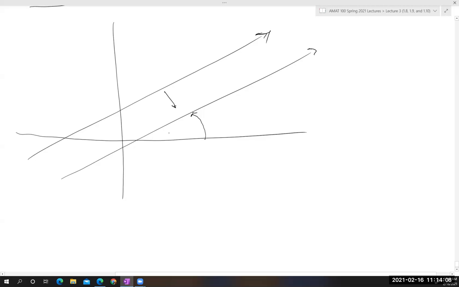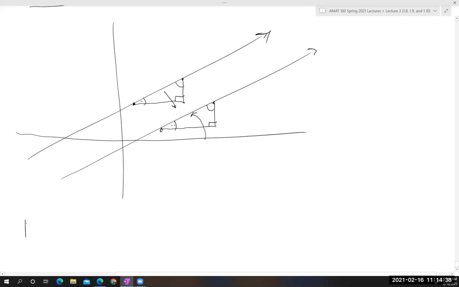If you choose 2 points on each line and draw these triangles, you'll find that these triangles are similar, so they have to have the same slope. This angle will be equal to that angle, and these angles being the same corresponds to them having the same slopes.